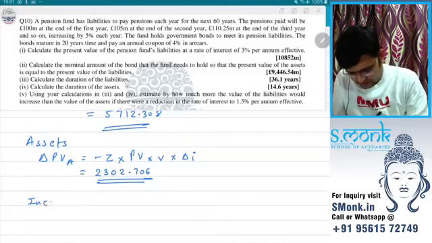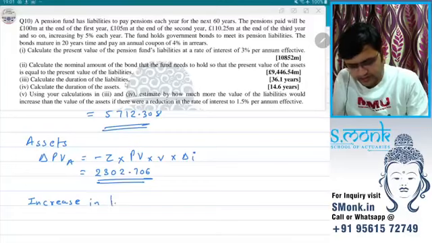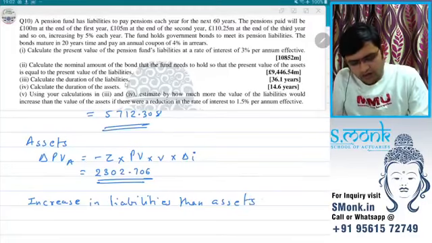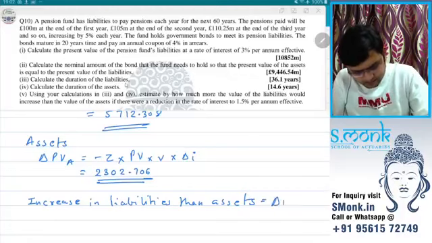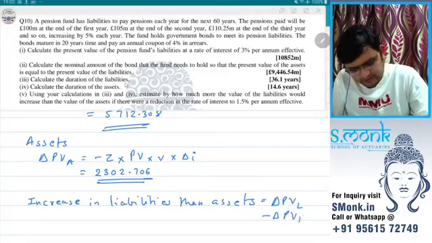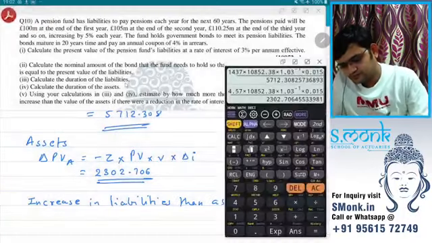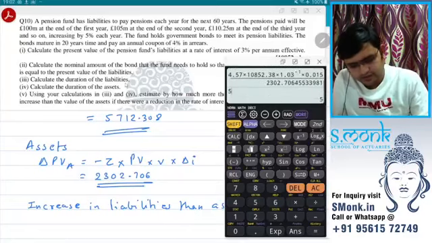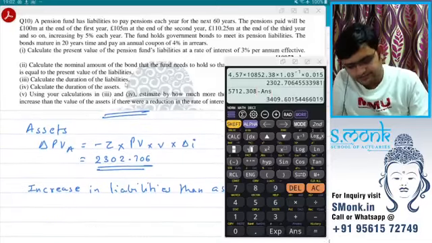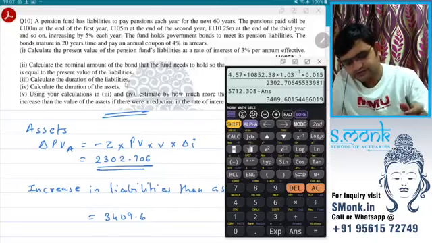So you'll say increase in liabilities than assets: change in present value of liabilities minus change in present value of assets. 5712.308 minus 3409.6.